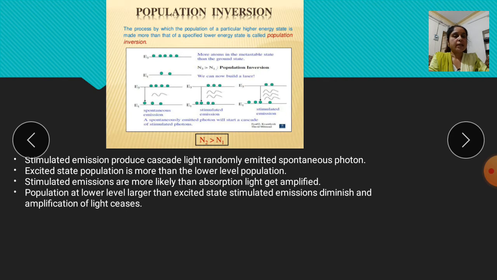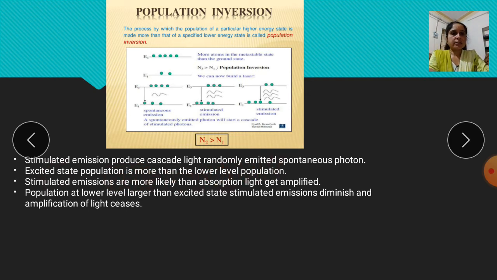emission process. In this stimulated process, you know that the atoms in excited states go downward, and one or two photons of radiation will be generated. So in this way, the excited state population is more than the lower level population.